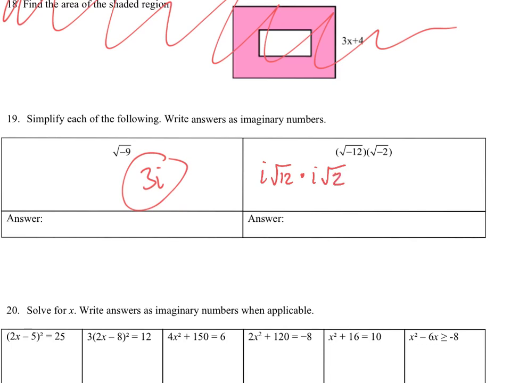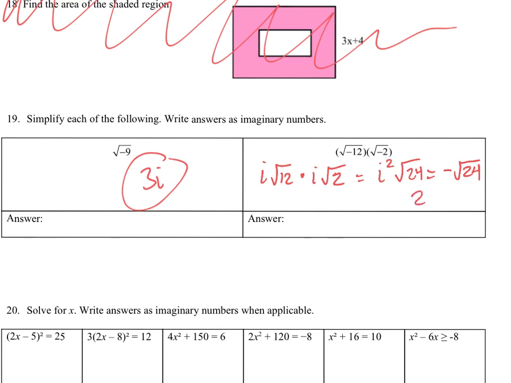Then I just multiplied. So i times i is i squared, and the square root of 12 times the square root of 2 is going to be the square root of 24. i squared is negative 1, so this ends up just being negative square root of 24. Then I can simplify that by saying the perfect square is 4.